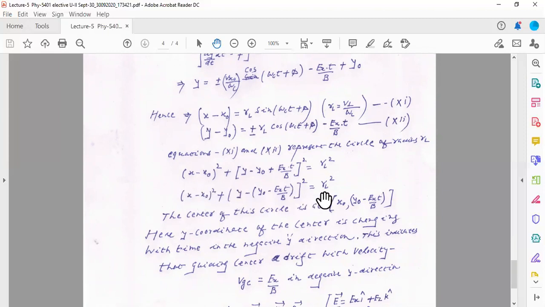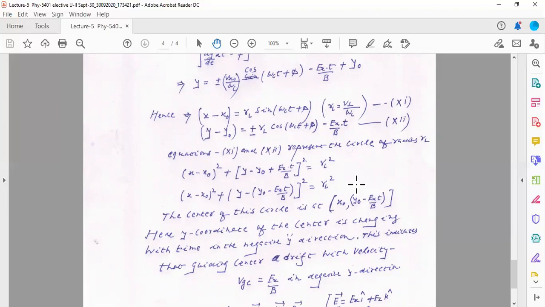You see, in the previous case where there was no electric field, we were getting the equation x minus x0 whole square plus y minus y0 whole square is equal to RL square, which describes the equation of a circle whose center is x0, y0, which is known as the guiding center. And we found that the guiding center was moving with a constant velocity.